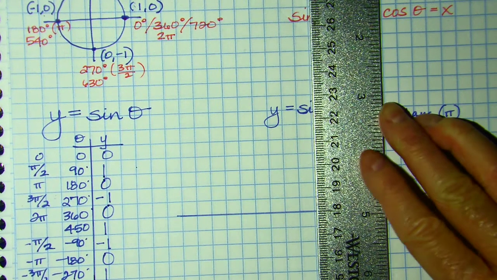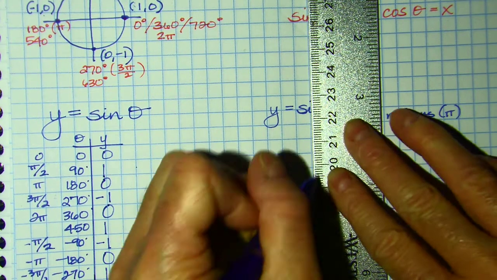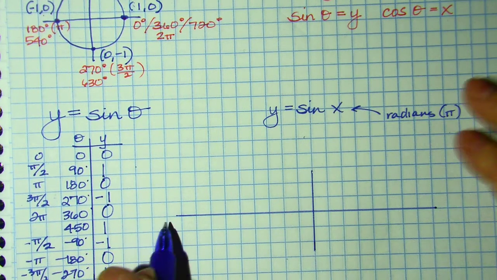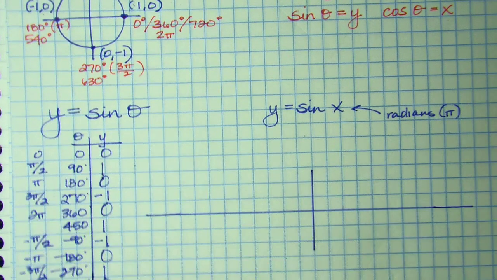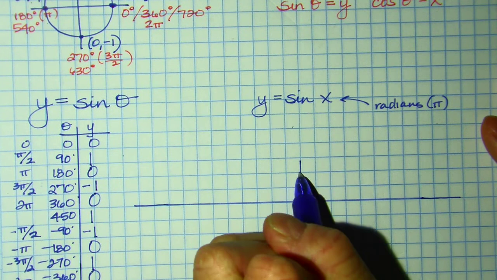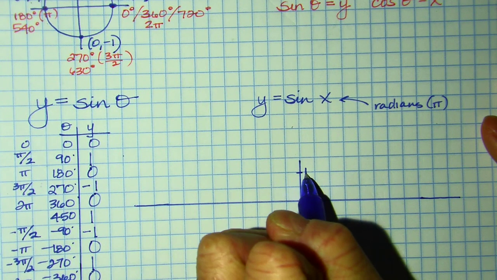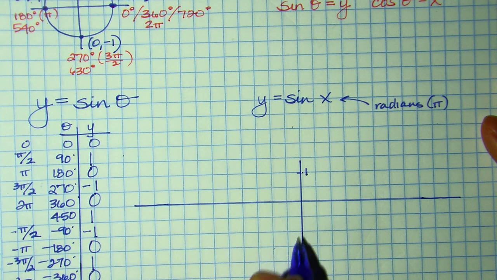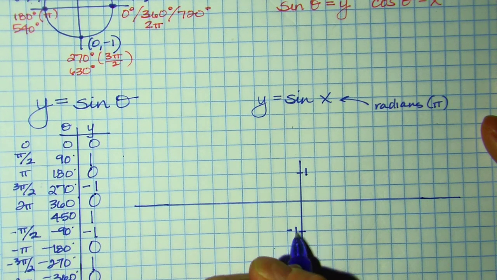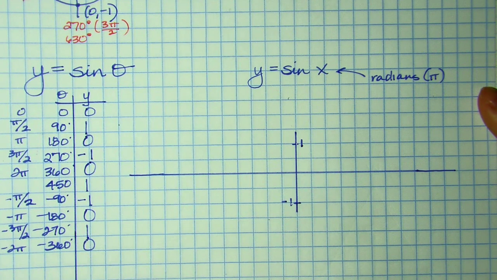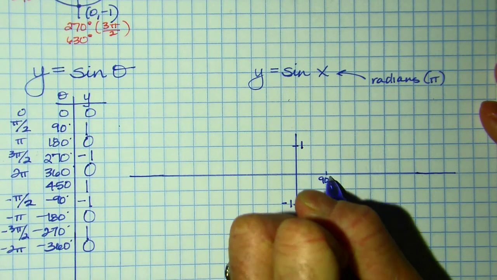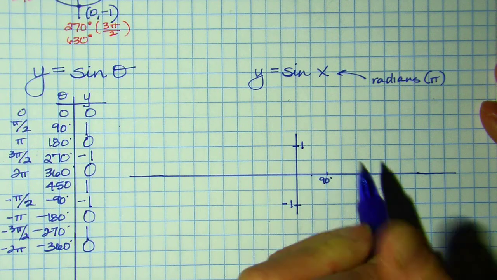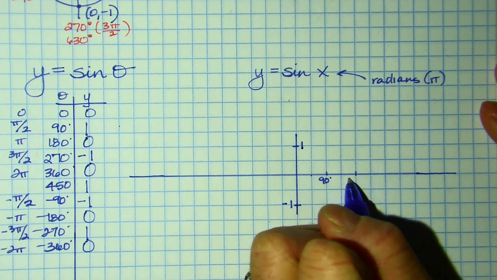And I might have to make this graph much longer. Now remember, you're going to be graphing these and writing the equation. So the highest y value is 1, and the lowest is negative 1. So that is what the graph should look like there. I'm going to label mine in degrees, so I'm going to go by 45, 90, 135, 180.